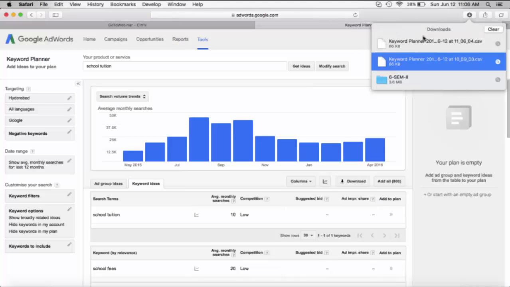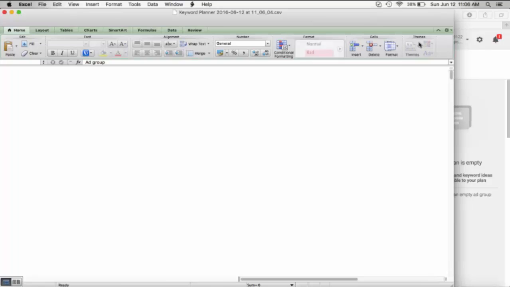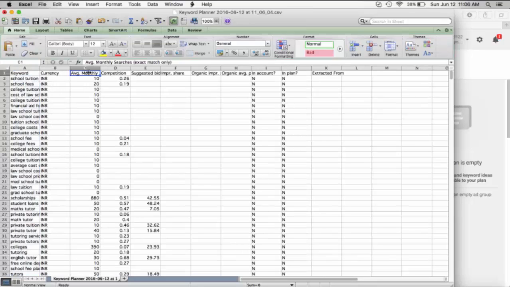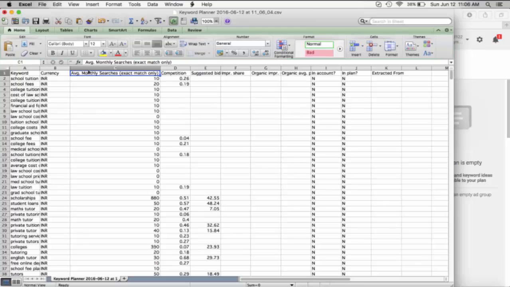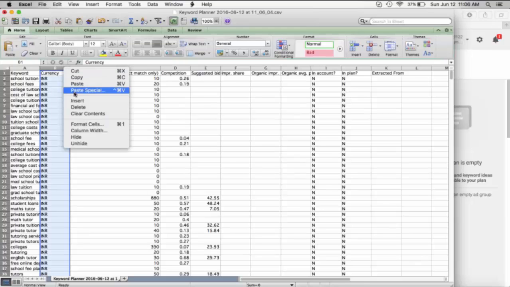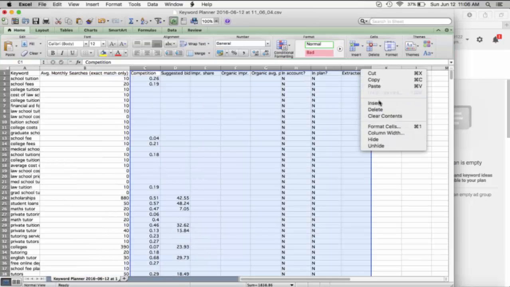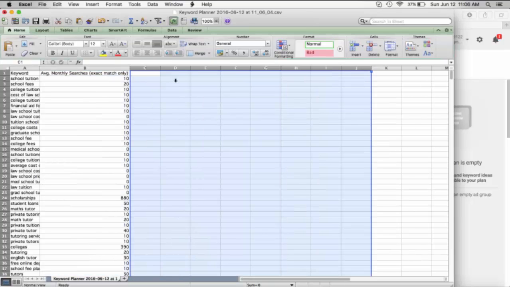Now I have my file handy, so I'm accessing it. I will ensure that only keyword and average monthly searches sections are there. The rest of the fields, I will weed them out and remove them. Here we go.